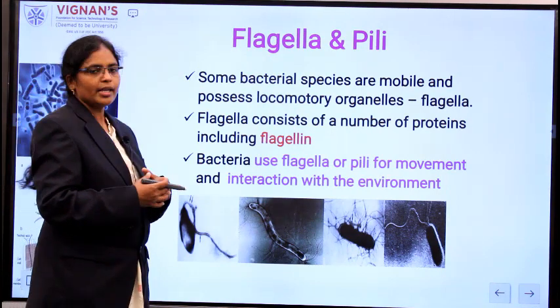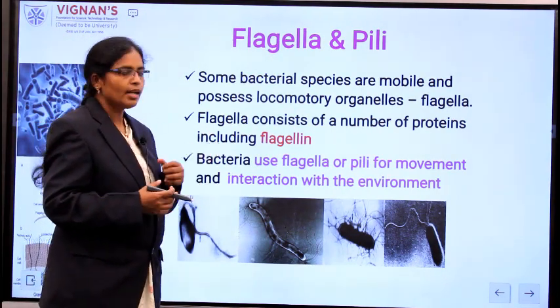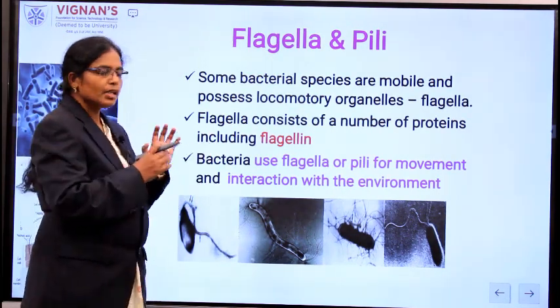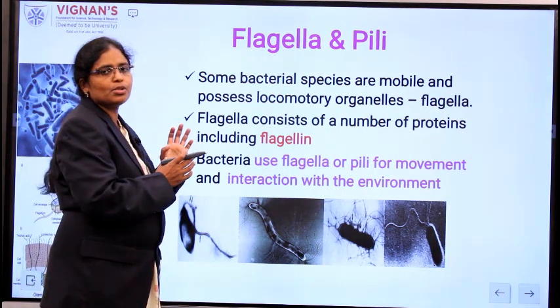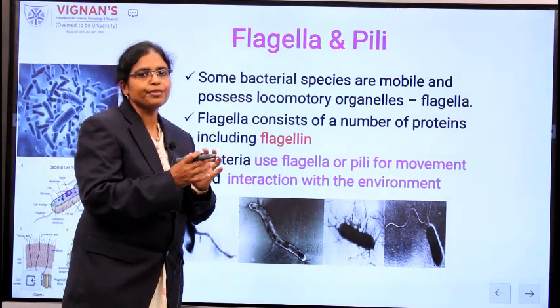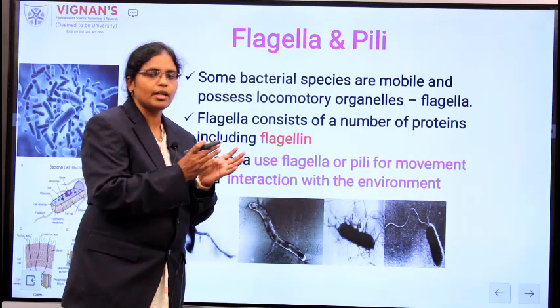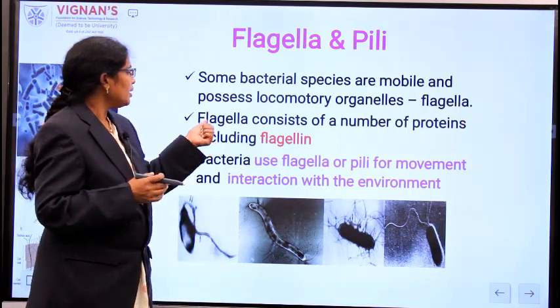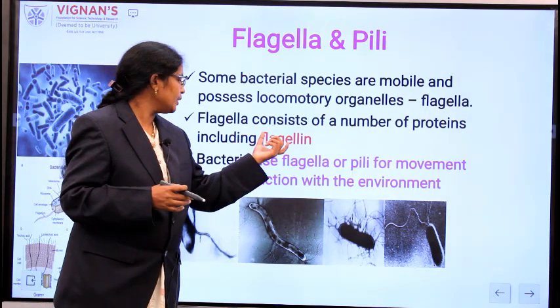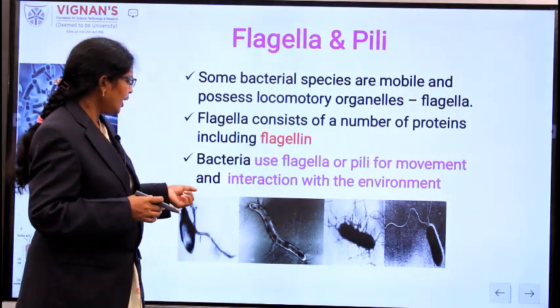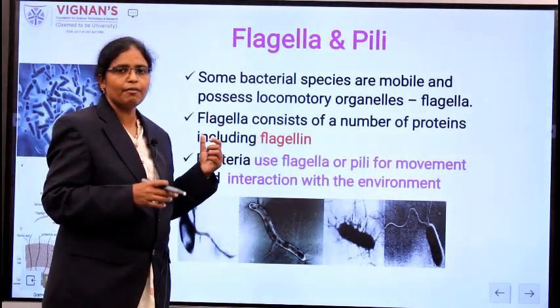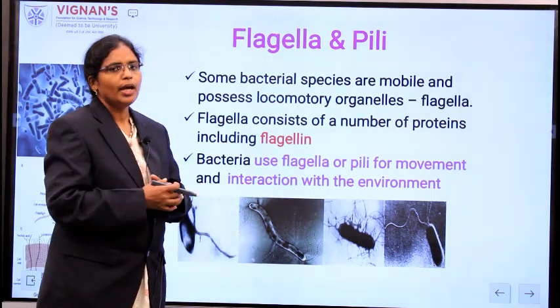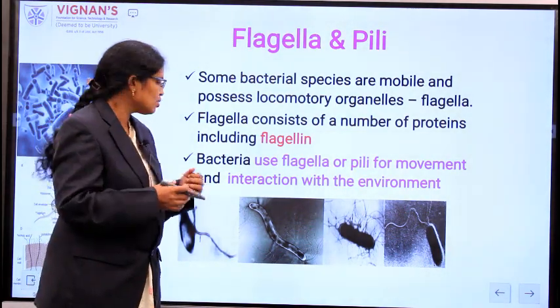And now see the external special features, flagella and pili. These are the locomotory organelles used for movement of the bacteria. Some bacteria are motile and some are non-motile. These flagella consist of the protein flagellin, and the arrangement of the flagella varies from one bacterium to another, and the number also varies.